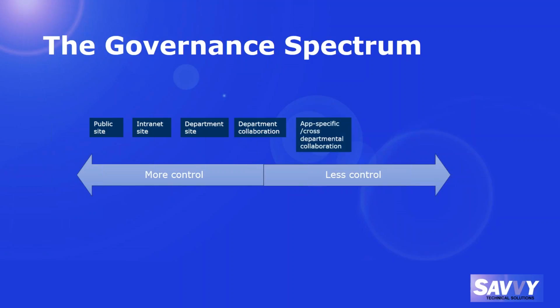As you move down the level of control, you get to things such as application-specific or cross-departmental collaboration. Application-specific would be, for example, I am in the HR department and there's a specific procedure. We are actually researching a new benefits provider, so we may have a subsite in there that's specifically about benefits.